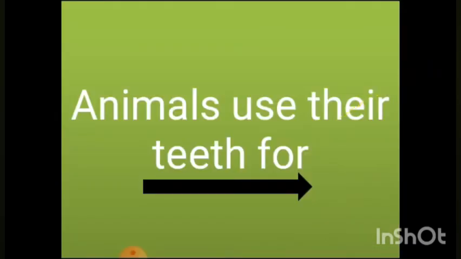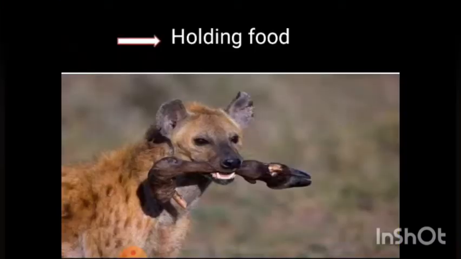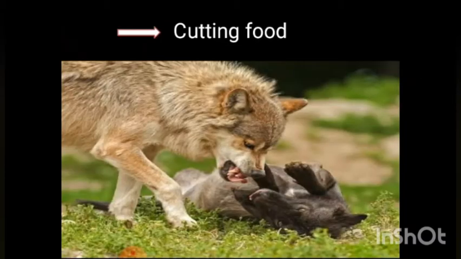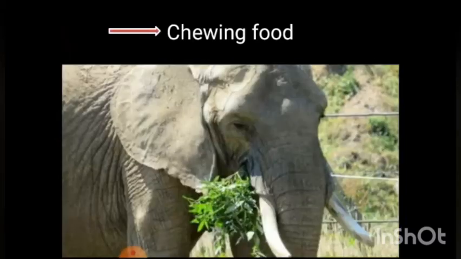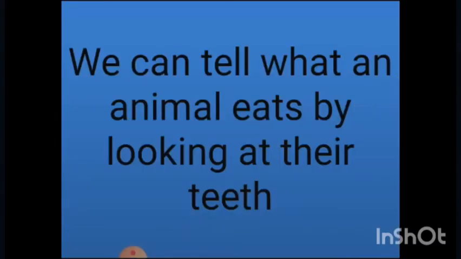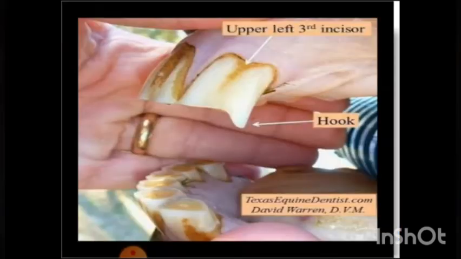Animals and their diet. Animals use their teeth for holding food, cutting food, chewing food. We can tell what an animal eats by looking at their teeth. How?